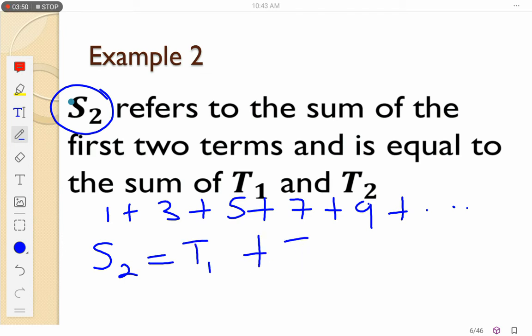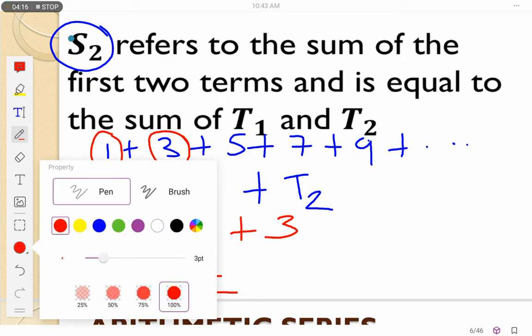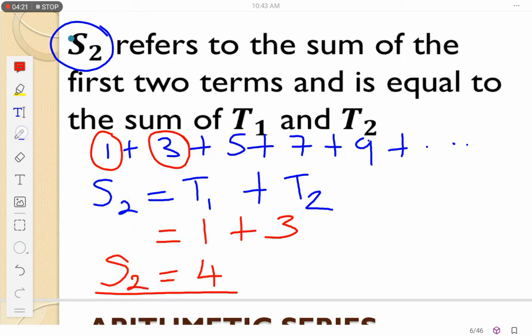Our term number 1 is 1, plus our term number 2 is 3, so plus 3. So S2 becomes equal to 4. This is the result of summation of two terms. Even if you want to look at summation of 3 terms, you simply go on and on like that.